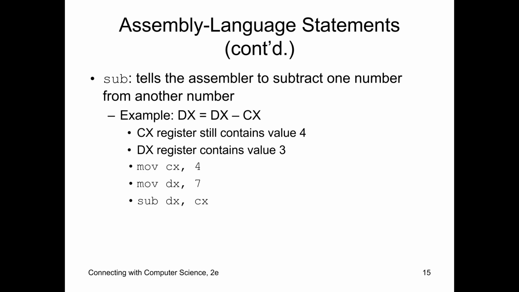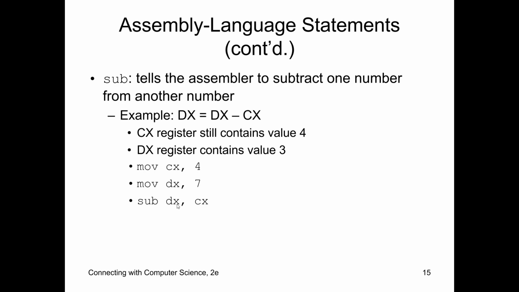So subtraction is going to take one number from another. The example is we want the value of DX to be equal to DX minus CX. So we're going to move 4 into CX, and we're going to move 7 into DX. Now there's a couple of things to know here.